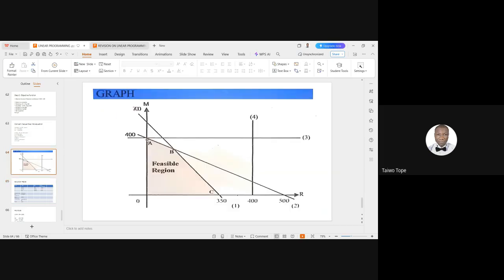For you to get the contribution at each point within the region, point A, B, C, you need to ask yourself, how many units have you produced on point A? So to get the total contribution at point A, what will you do?